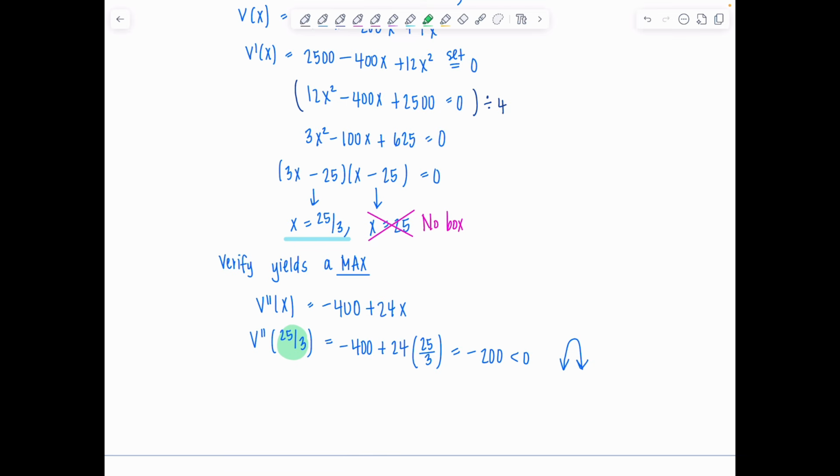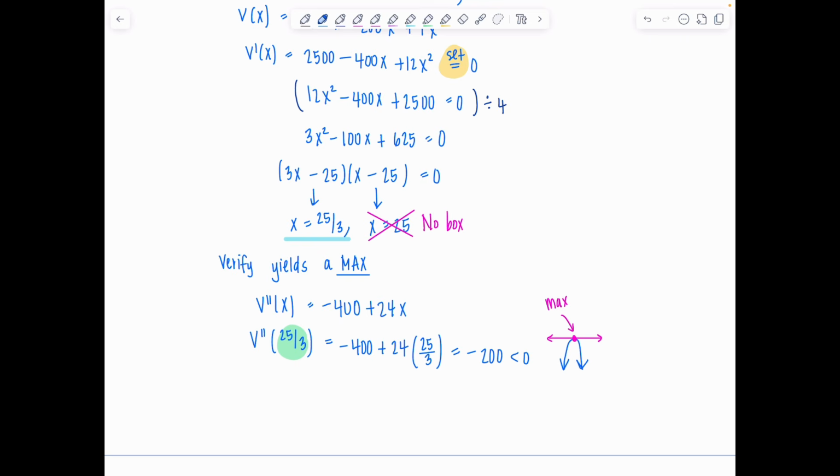And I also know 25 over 3 is where the first derivative was equal to 0, exactly. So if the first derivative is equal to 0, that means our tangent line is horizontal. And if the graph is concave down there, then the only way for that to be true is if we have a max at that point, at that critical value.